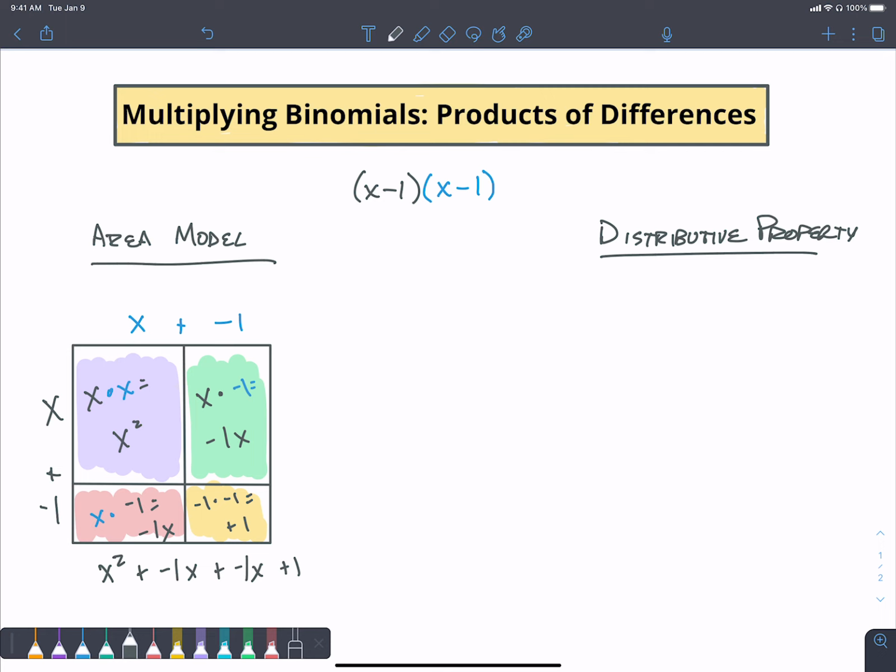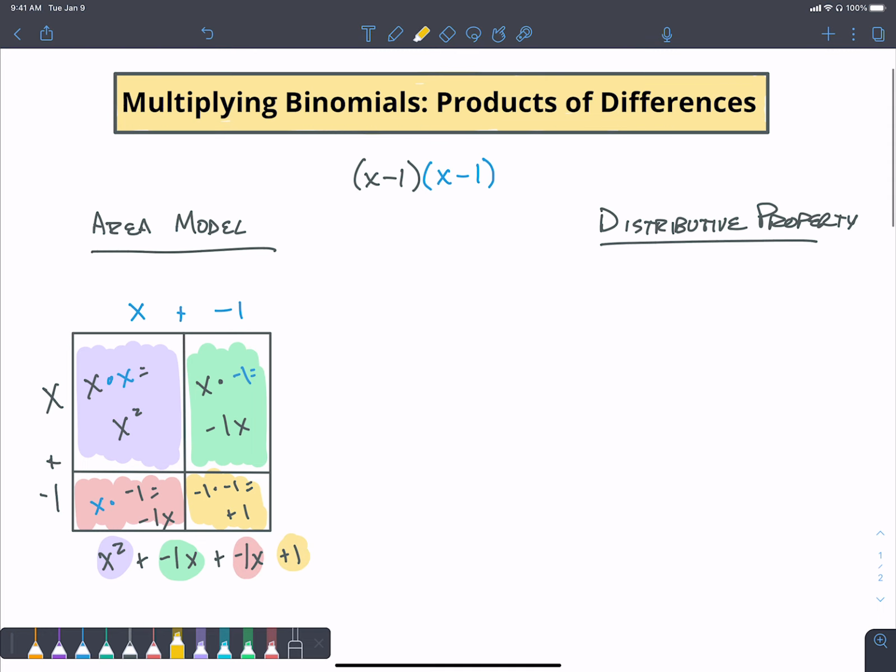And these again come from purple, from green, from pink, and from yellow.